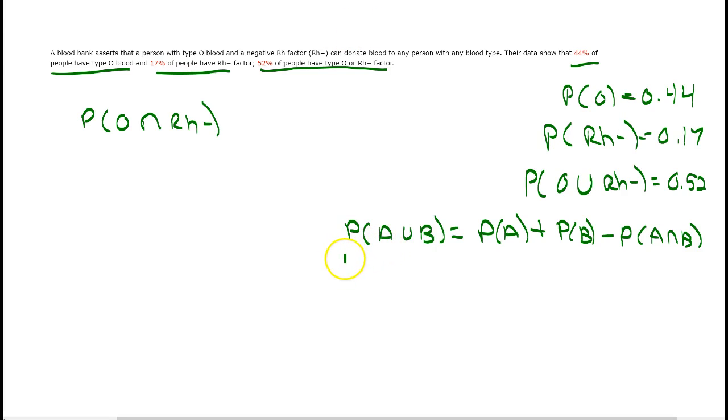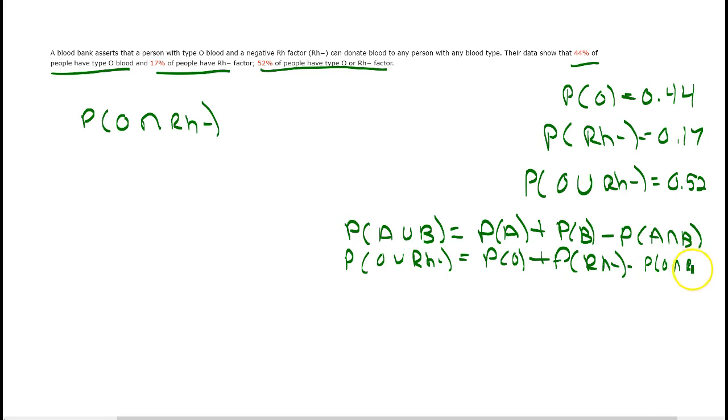So the probability of O or Rh negative equals the probability of O plus the probability of being Rh negative minus the probability that they're both O and Rh negative.